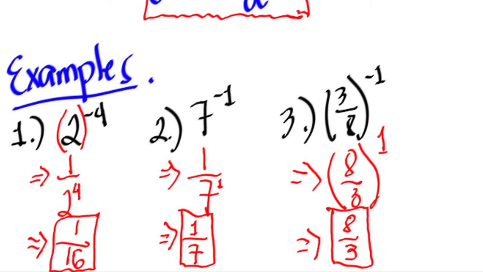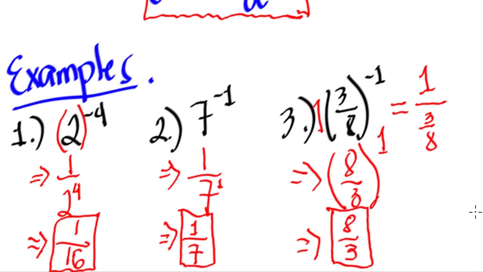Or, if you want, we may think of it this way: since it's minus 1, we put this whole thing in the denominator. We have a numerator of 1 since there's nothing left here. So what we have is 1 all over 3 over 8, all raised to 1, which we can delete actually, because something raised to 1 is just that something.